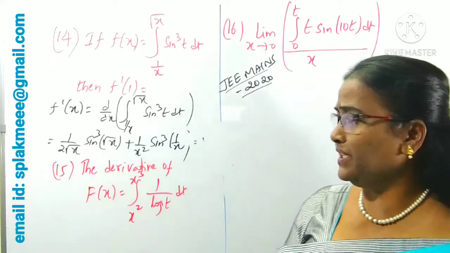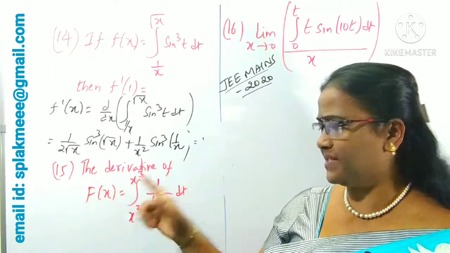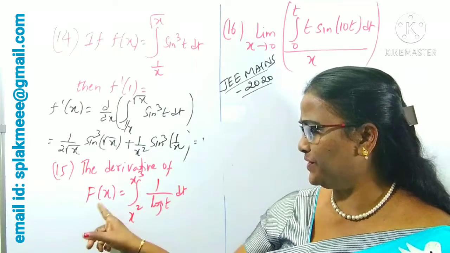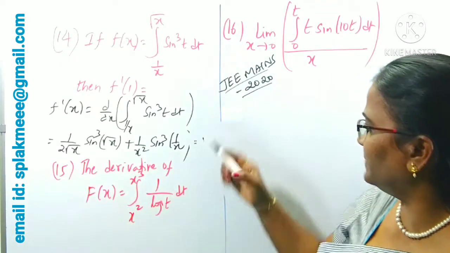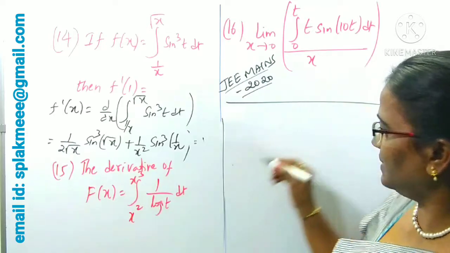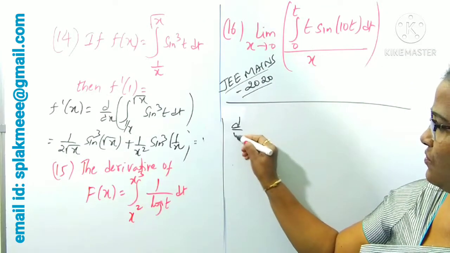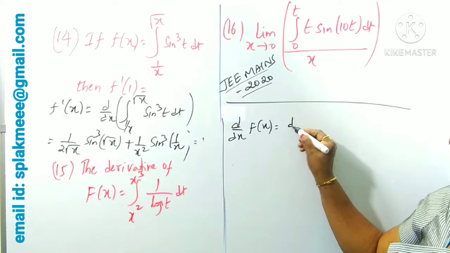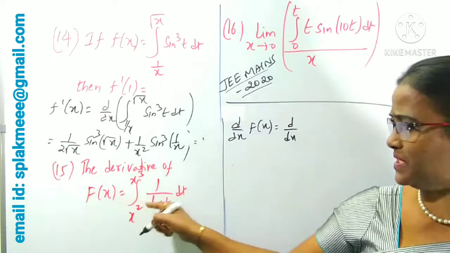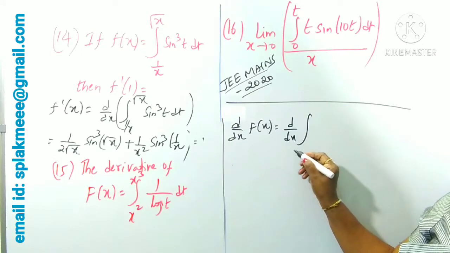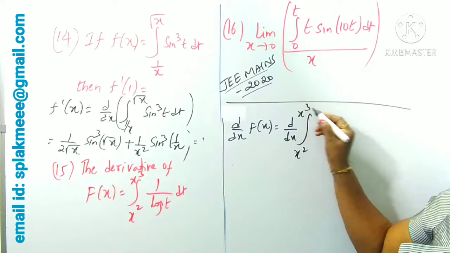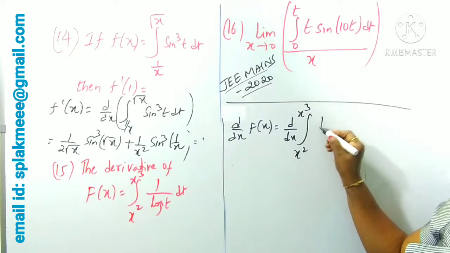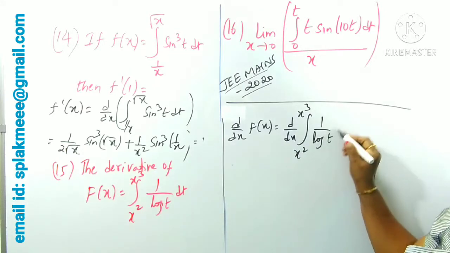What is question number 15? The derivative of f of x. Here also the derivative is asked. To find its derivative, d by dx of f of x means d by dx of, differentiating on both sides, the integral from x square to x cube of 1 by log t dt.